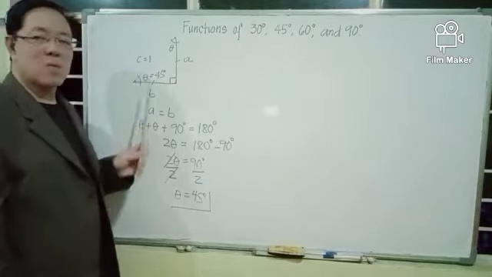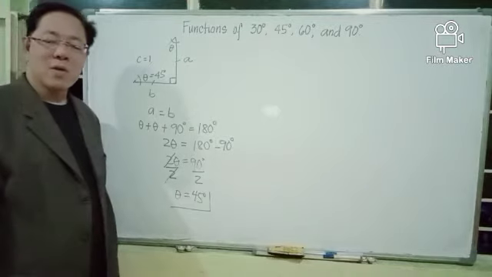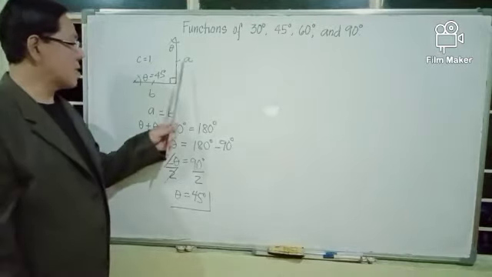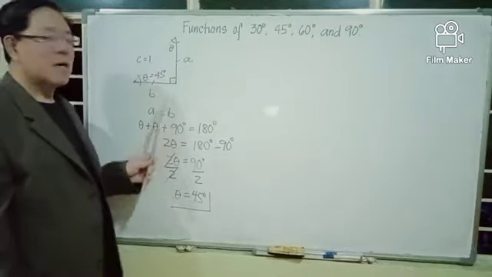using the Pythagorean Theorem. By the Pythagorean Theorem, the sum of the squares of the legs of a right triangle is equal to the square of the hypotenuse.